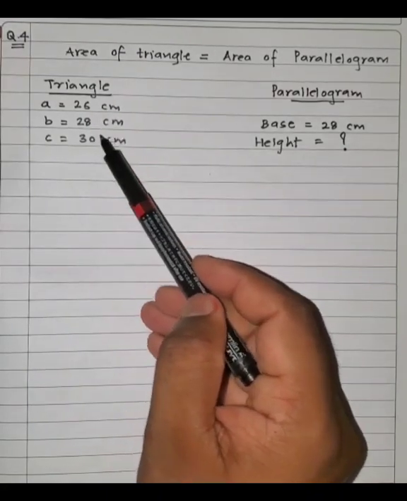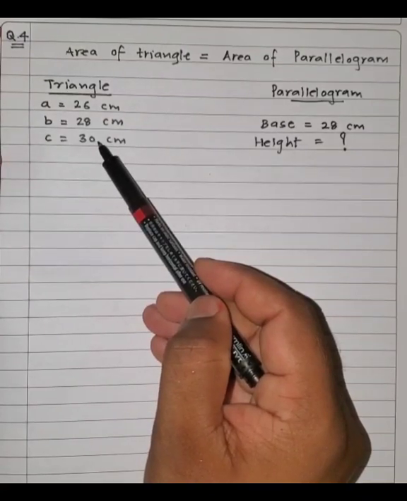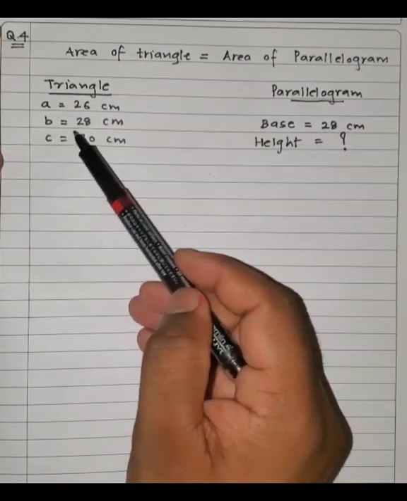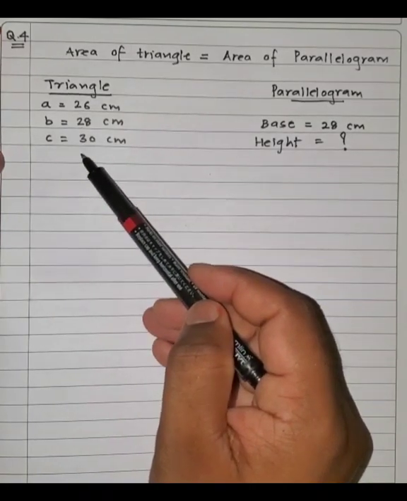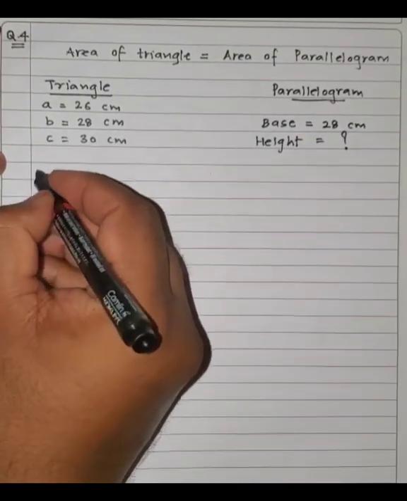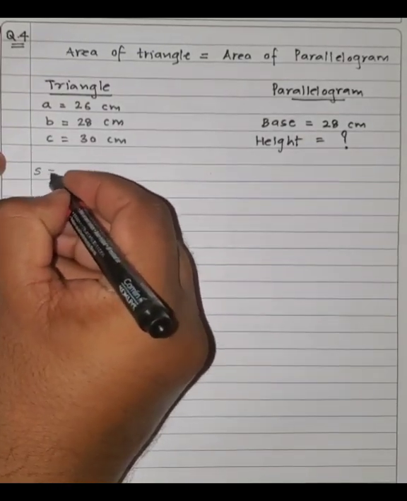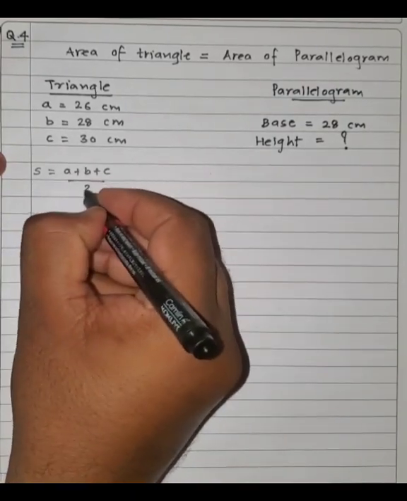The sides of the triangle are given in centimeter. Let me use Heron's formula to find the area of the triangle. Now, to use the same, first I should be aware of the semi-perimeter. Let me find the semi-perimeter of this triangle. So, the sum of all three sides divided by 2.